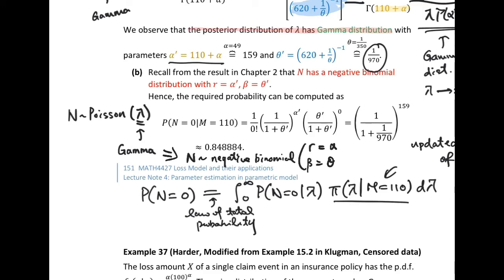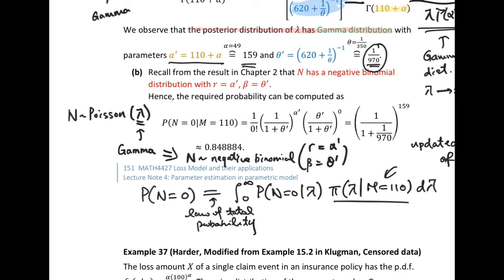Because we are working on the posterior distribution, the alpha should be alpha prime and theta should be theta prime. In the earlier example, we already got these two values, so given this you will get r and theta prime.